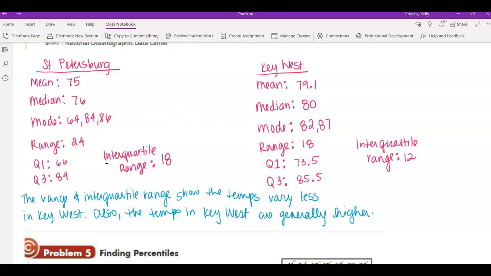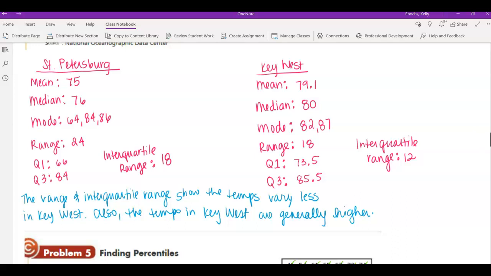Some are higher, some are way lower. Also, the median and mean are both higher in Key West than they are in St. Petersburg. So, in general, we're looking at Key West to be the warmer and more consistent place.